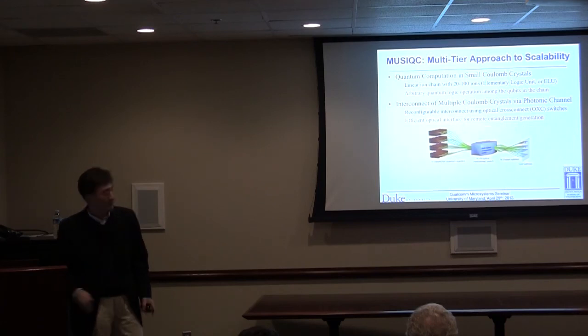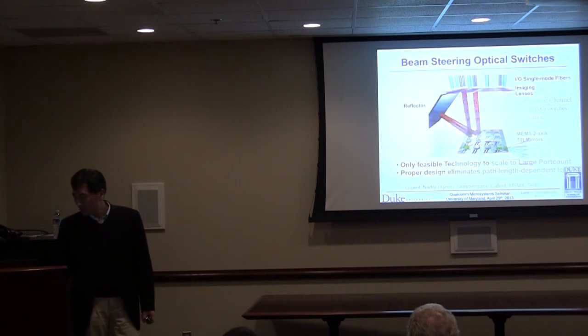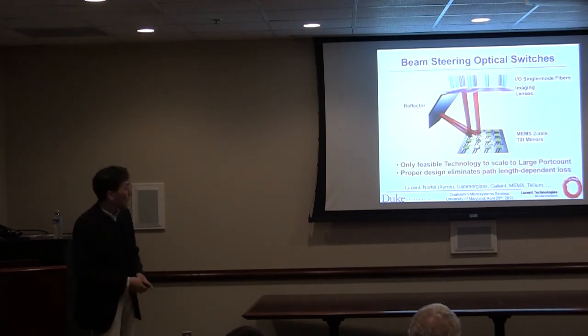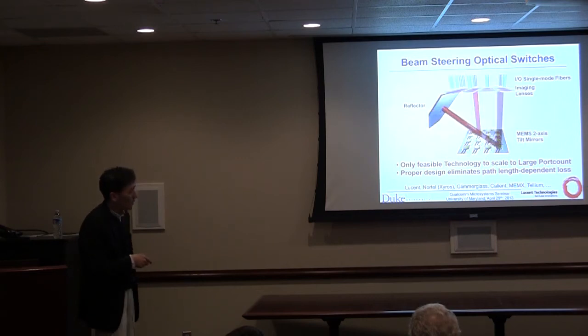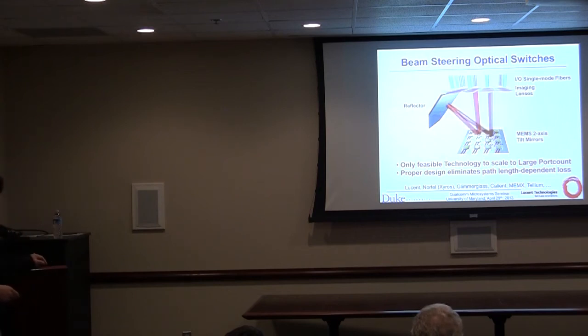Now the next question is, what about this optical cross-connect switch? That can actually be constructed. A lot of companies were putting in a lot of development dollars in the heyday of telecom in the late 90s and early 2000s because there was a need for very large port count optical cross-connect switches.